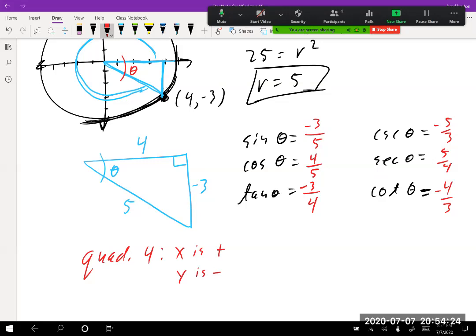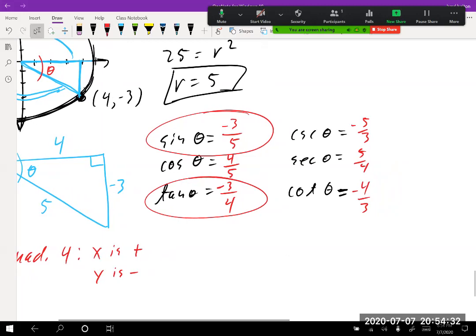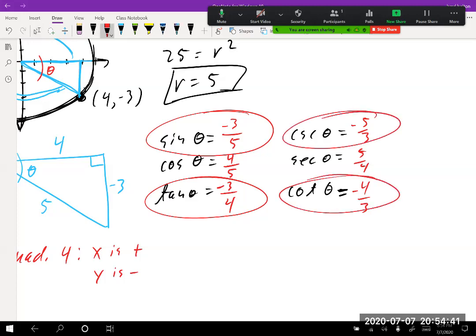So anything associated with the y coordinate will be negative, and anything associated with the x coordinate will be positive. That's why sine is negative and tangent is negative, because tangent is basically sine over cosine or y over x. Cosecant is just the reciprocal, and cotangent is just the reciprocal of tangent. But notice cosine and secant are both positive because x is positive, and obviously the radius is always positive because it's a radius.